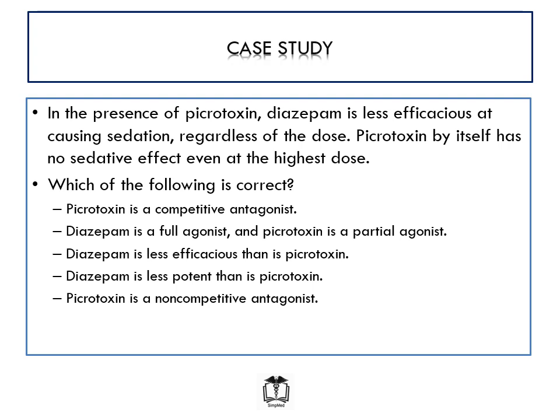Diazepam is less efficacious regardless of whether we are increasing the dose of diazepam when picrotoxin is present. So picrotoxin and diazepam are going to be acting at separate binding sites, and as a result, a further increase in diazepam's dose or concentration will not lead to more effect because they are not competing with each other. So we can say that picrotoxin is an example of a non-competitive antagonist. So go with option E.